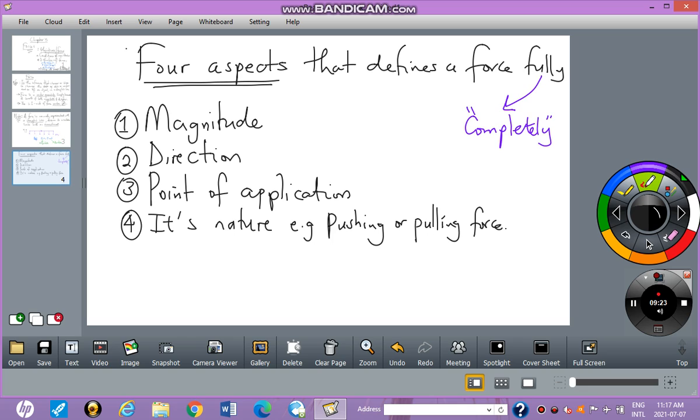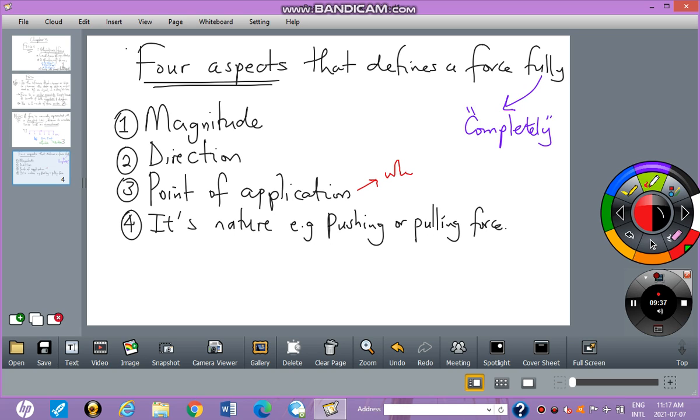I need to know how big the force is, that's the magnitude. What direction is the force going? Where was the force applied? The point of application, where is the force applied? Okay, basically that's what it means.